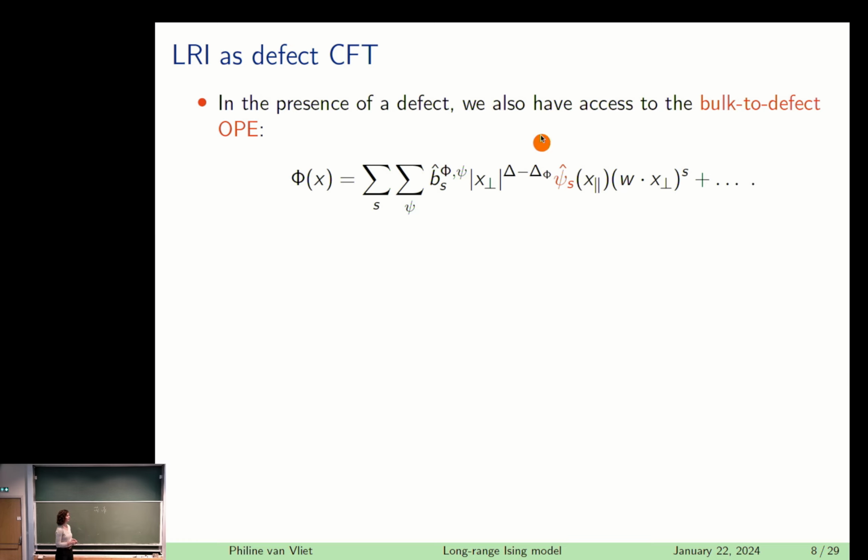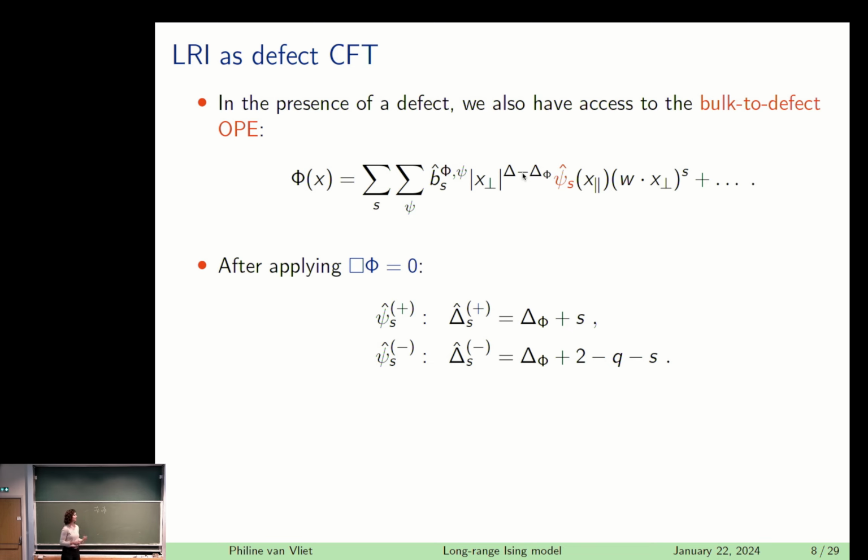That will be these defect modes psi s. So they can have, in general, transverse spin. And I will denote all the defect operators with a hat to distinguish them from the bulk operators. And these also come with some bulk to defect OPE coefficients B and some fixed kinematical dependence on the distance between the operators and the defect.